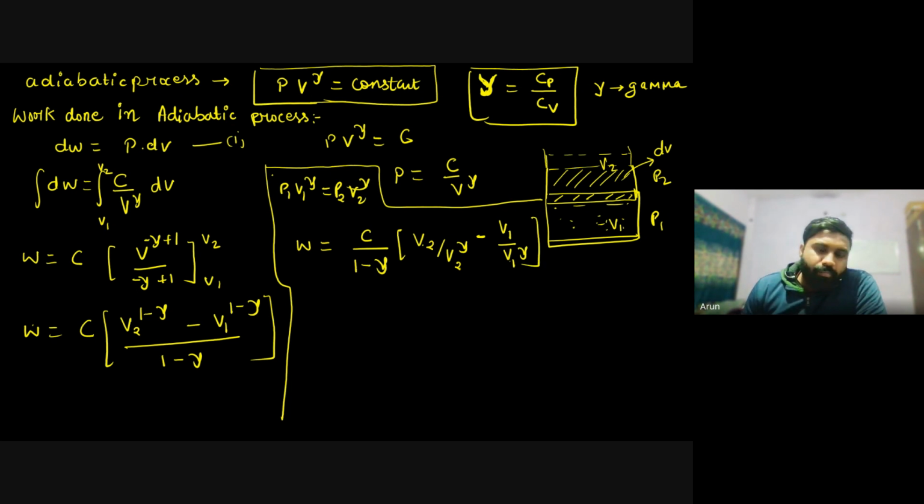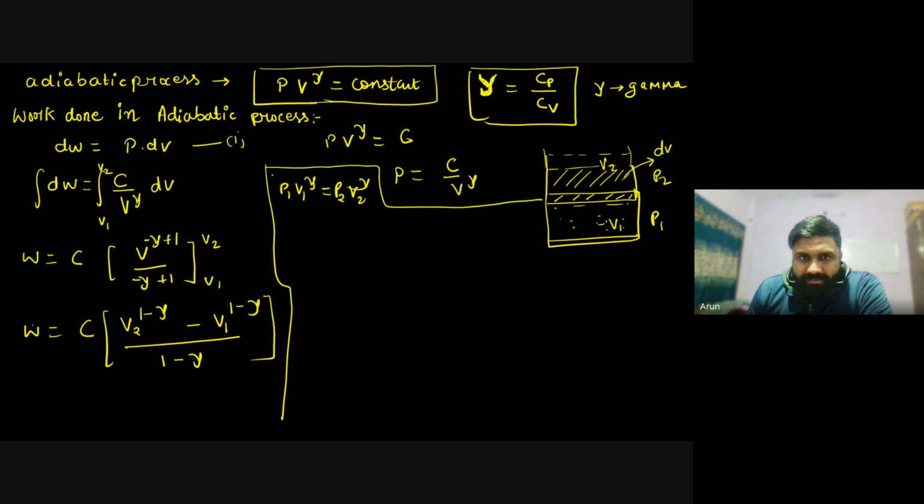Now put the value of V2 raised to the power gamma and V1 raised to the power gamma. So what will happen here? Or one thing you can do here, not doing in that way. This you can write as V2 by V1 raised to the power gamma is equal to P1 by P2.